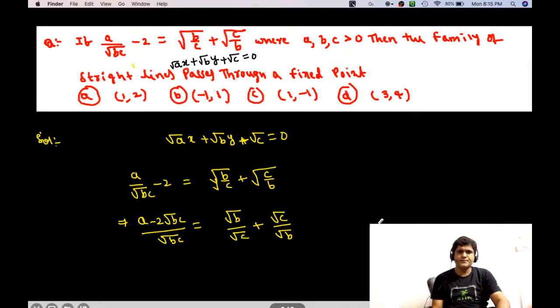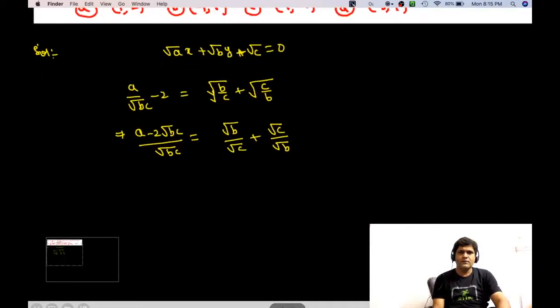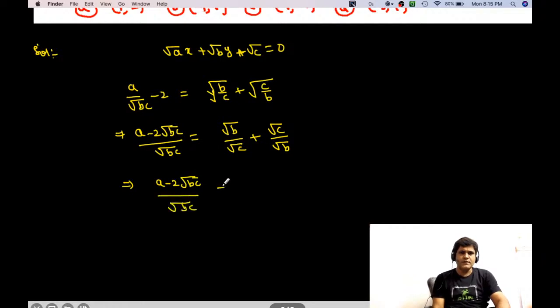Next, this implies a minus 2 root bc by root bc is equal to, here you will have root bc, here root c cancels, this one is b plus c.